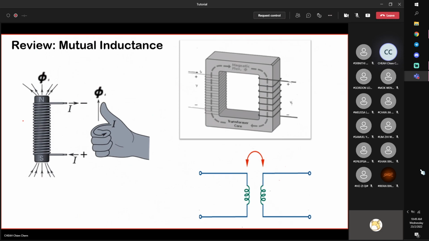Now there's one problem. The direction of your induced voltage will depend on how you wind the coil, because according to the right-hand rule, if you curl your fingers representing the direction of the wire, the flux is in the direction of your thumb.